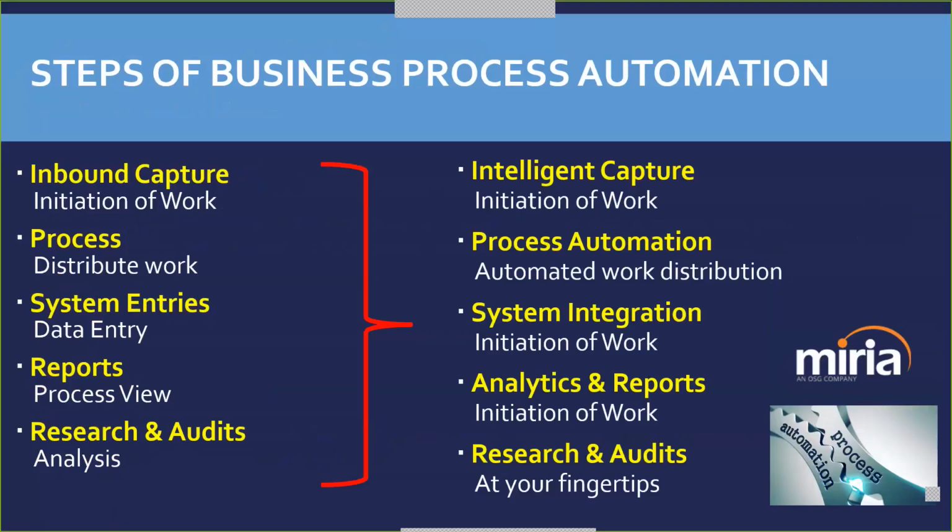No longer do I have to do an inter-office mail or get up from my seat and hand it over to somebody and put it in their inbox or any of that. The process automation steps are then moving electronically as opposed to physically moving this information.